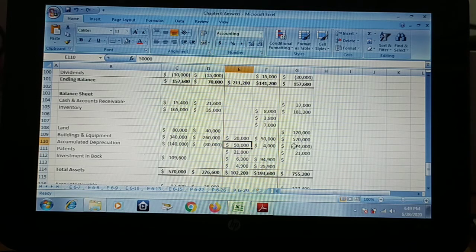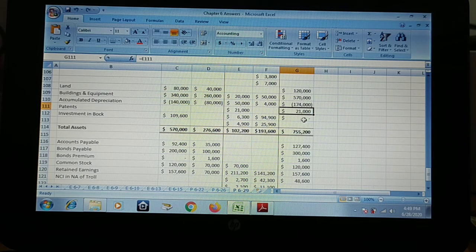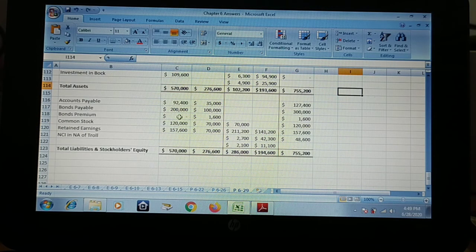Then patent, just move it over as a positive number. Investment must be 0. So this one, you plus the debit, you minus off the credit. You will get 0. Then accounts payable, bonds payable, bonds premium will be the same. Common stock also, the way you usually do. Retained earnings also. And then NCI in NA, you sum the credit, you minus the debit, so you get this number. Okay, so if it's balanced already, then it's done.